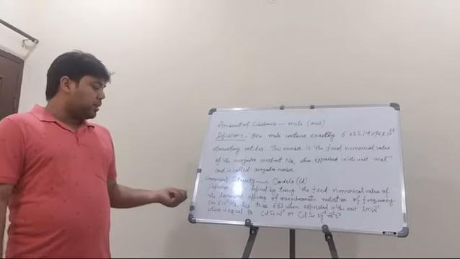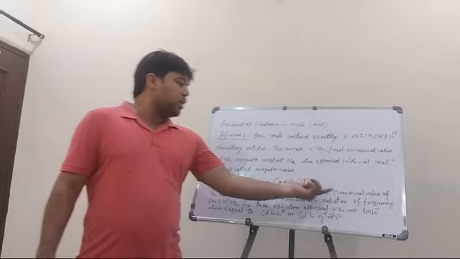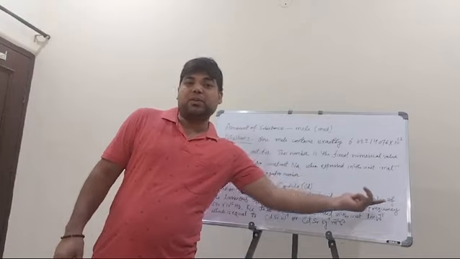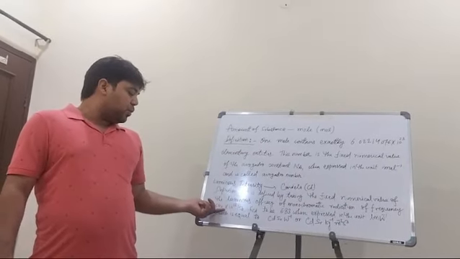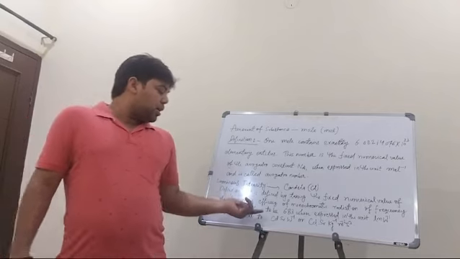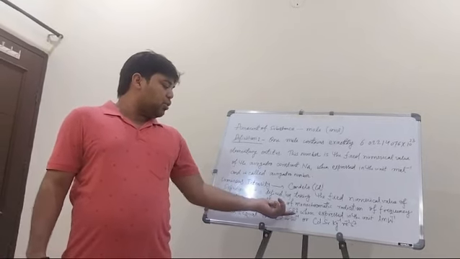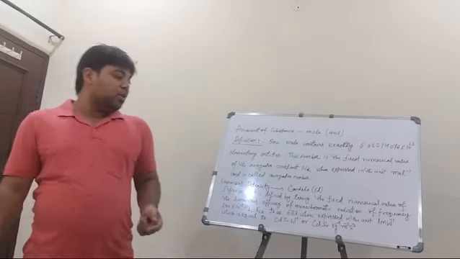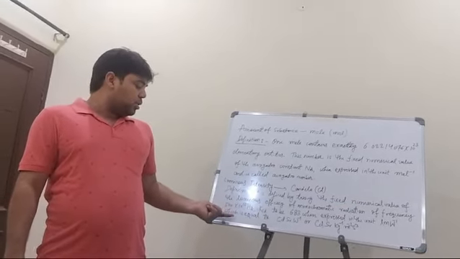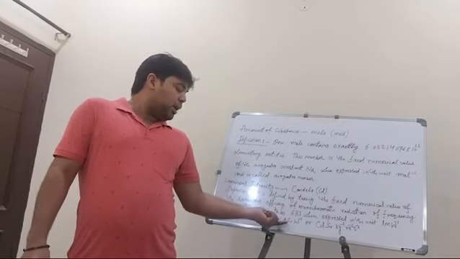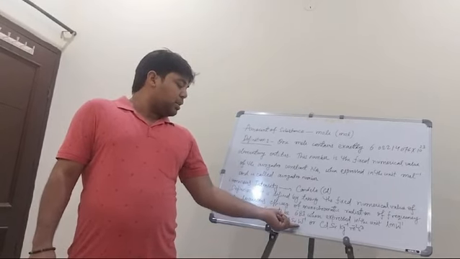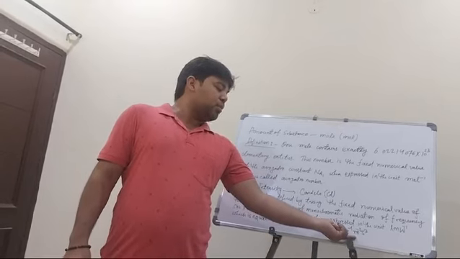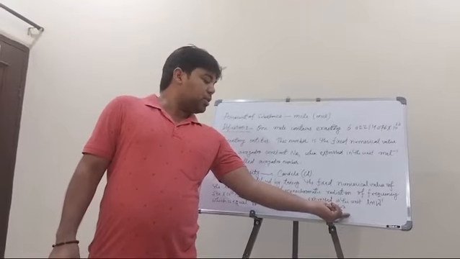It is defined by taking the fixed numerical value of the luminous efficacy of monochromatic radiation of frequency 540 times 10 to the power 12 hertz, KCD, to be 683 when expressed in the unit lumen per watt, or candela steradian kilogram inverse meter inverse second cube.